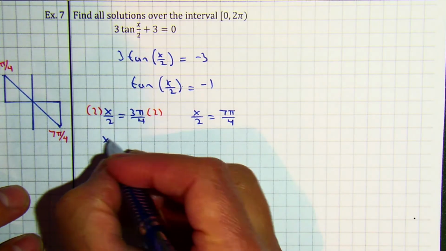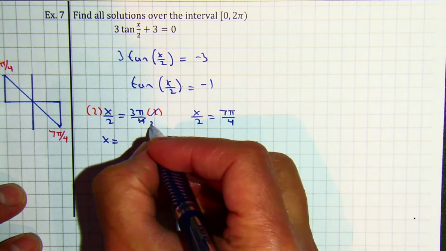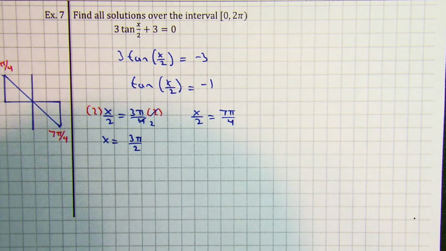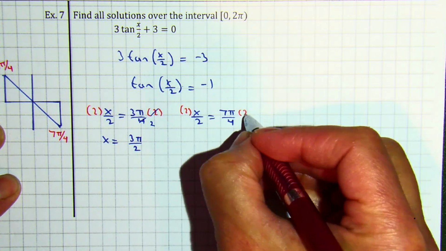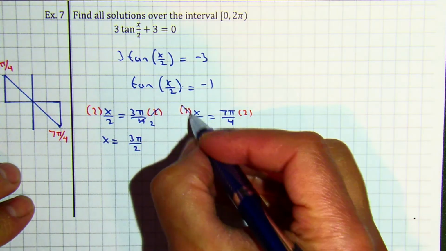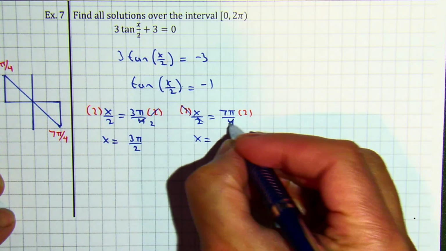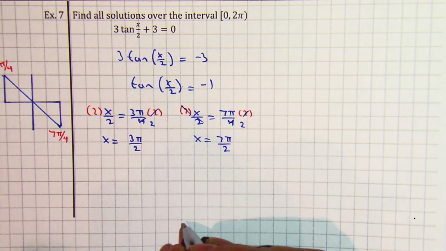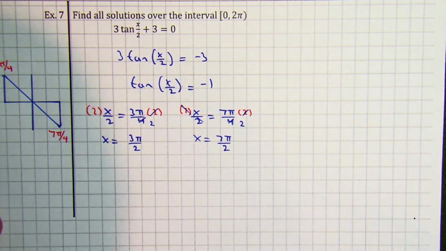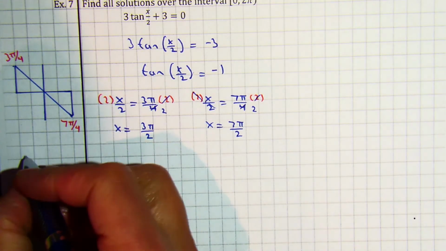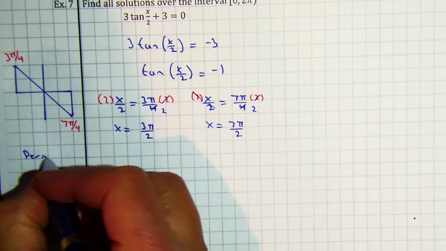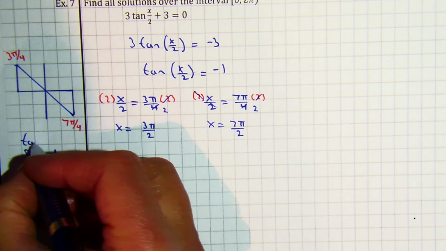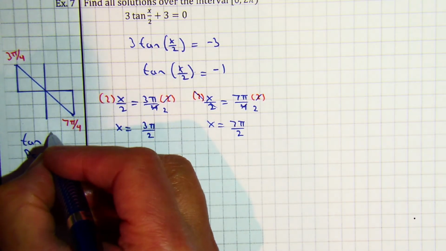So therefore, x equals, I'm going to reduce, 3 pi over 2. Multiply both sides by 2. That cancels, so therefore x equals, I'm going to reduce, 7 pi over 2. Now, what is the period for tangent of x over 2?